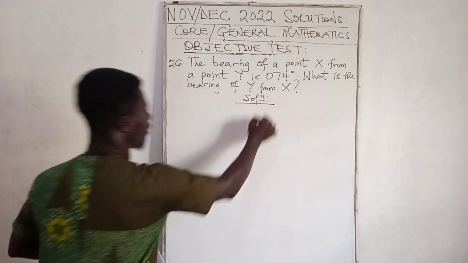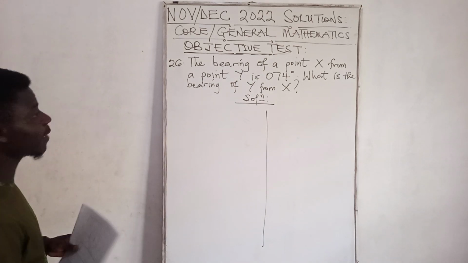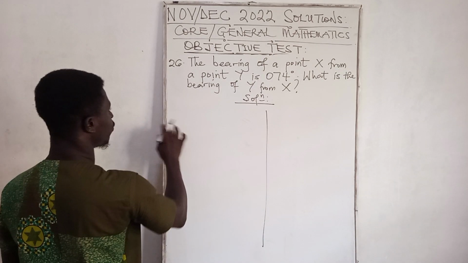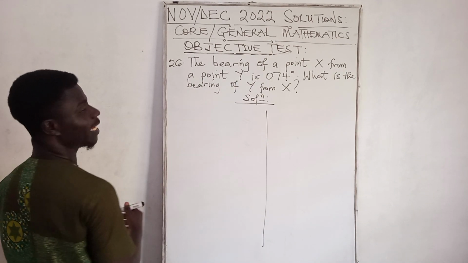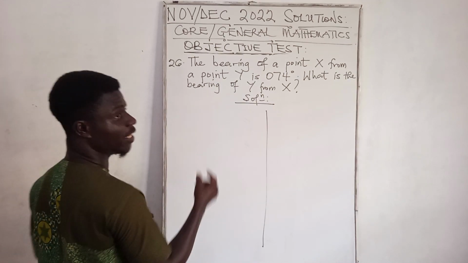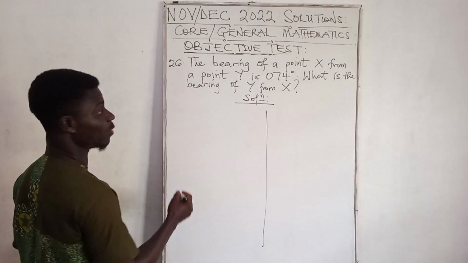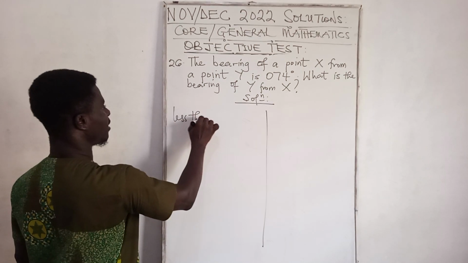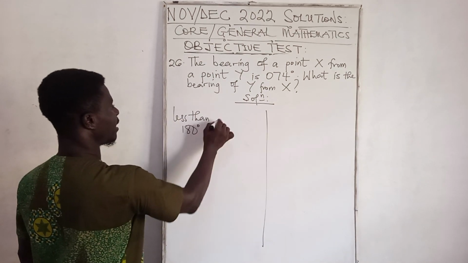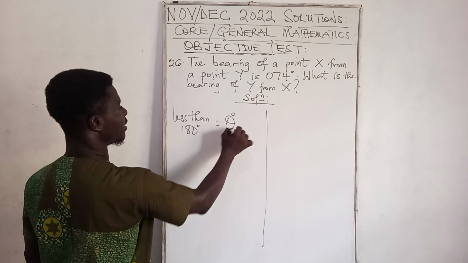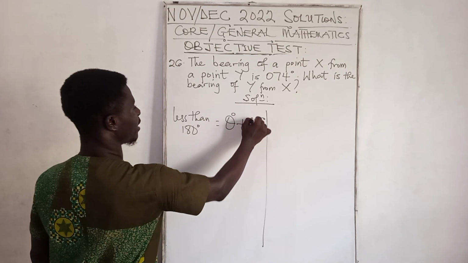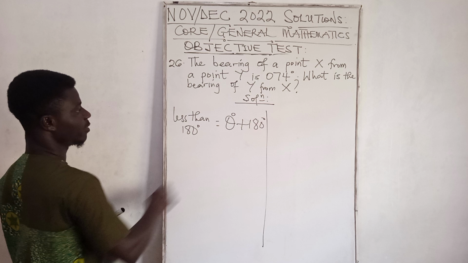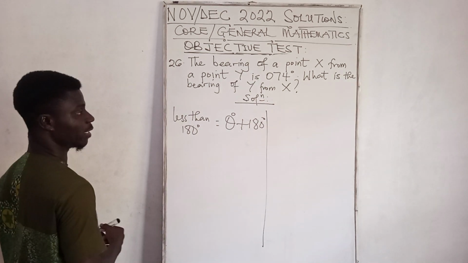For objective sake, you can use this formula straightforwardly. If the bearing given inside the question is less than 180 degrees, let's use theta degrees to represent the bearing, then it will be theta plus 180 degrees.